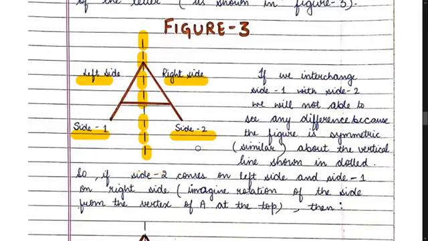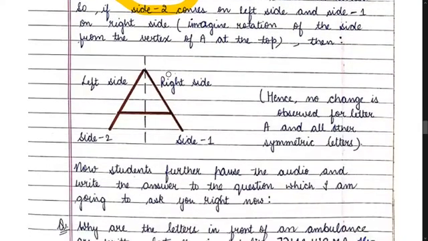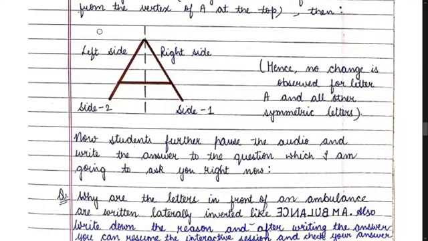So if side 2 comes on the left side and side 1 goes to the right side, students, imagine the rotation of the side, keeping the vertex at the same place. Then you can see the diagram in which side 2 is now on the left side, while side 1 has occurred on the right side.